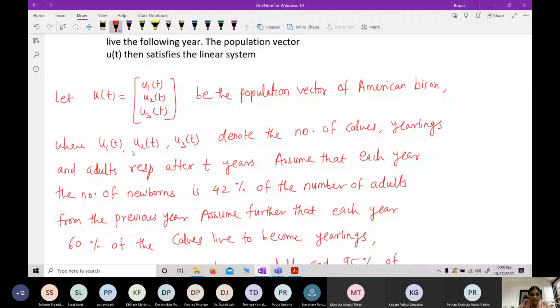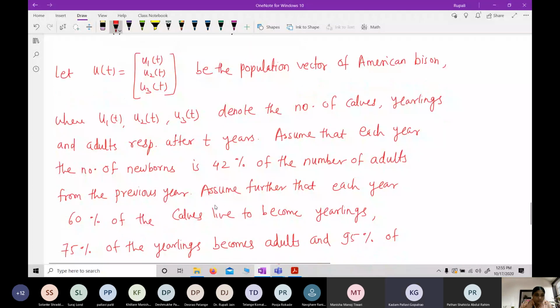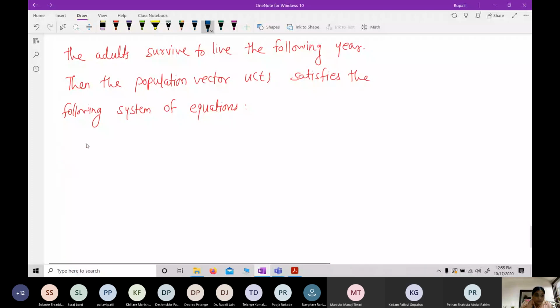Okay, so assume that each year number of newborns is 42% of the number of adults from the previous year. म्हणजे मागच्या वर्षी जेवढे adults होते तर number of newborns त्या वर्षी किती राहतील? 42% of the previous years ला जेवढे adults होते तेवढे. Is that okay? So u1t+1 किती राहील? u1t+1 काय आहे?